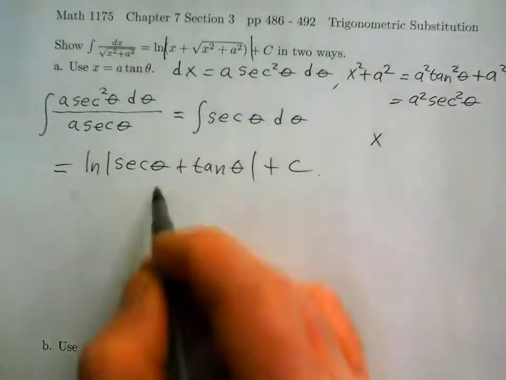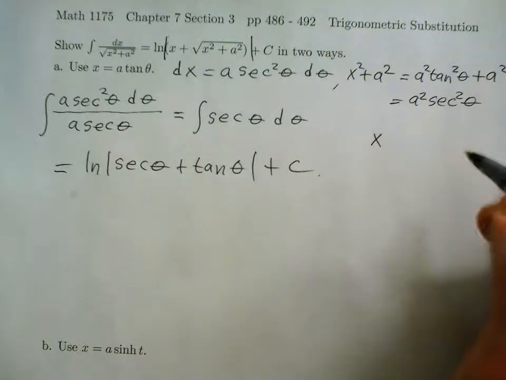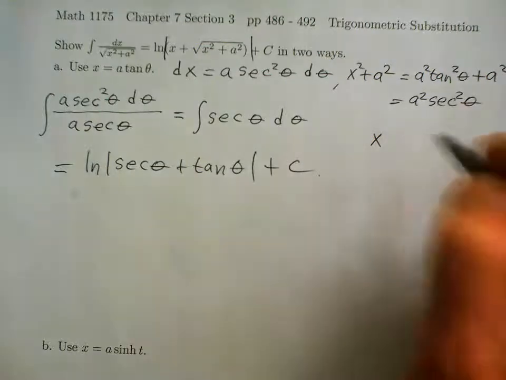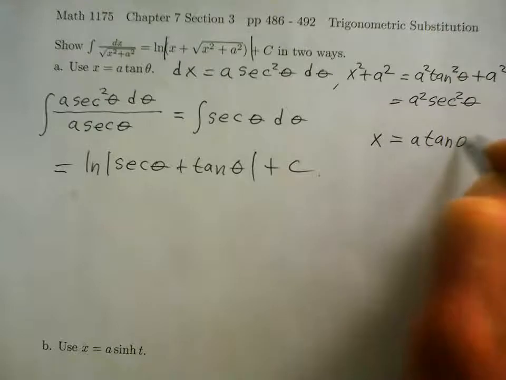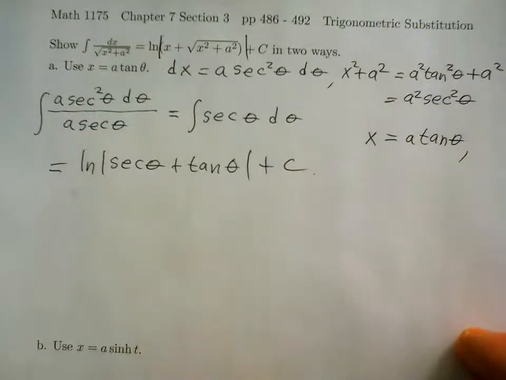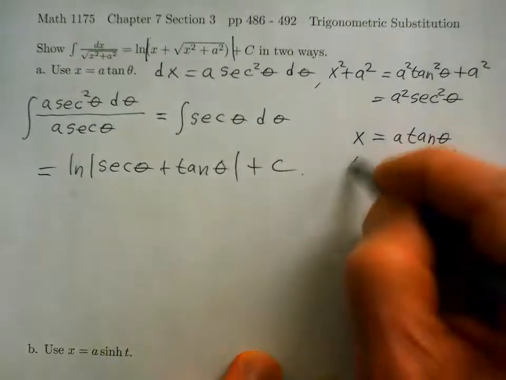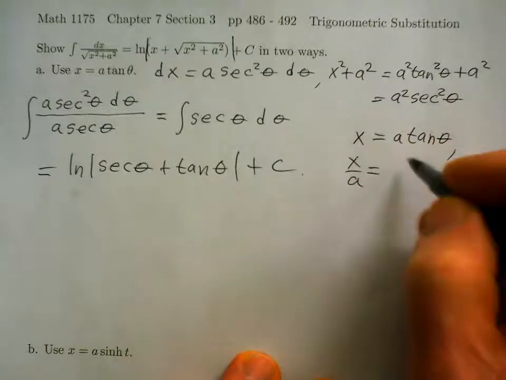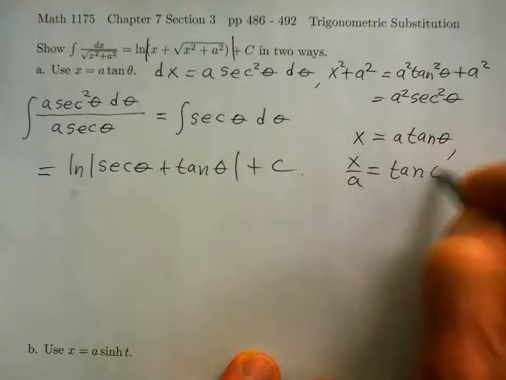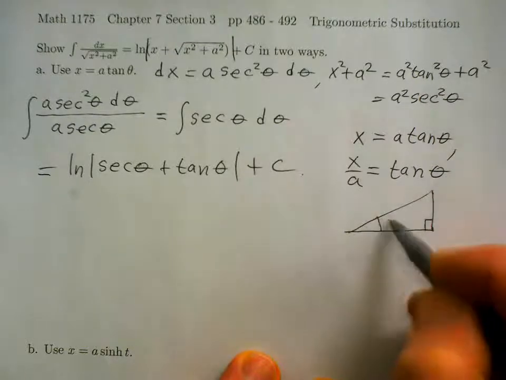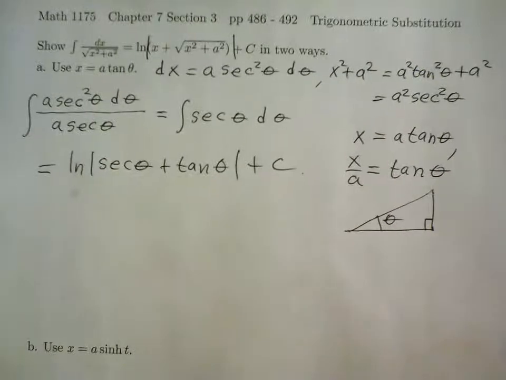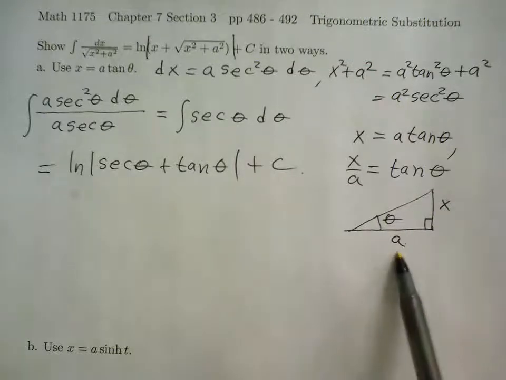Okay, but we have to express it in terms of x. So our assignment, x equals a times tangent of theta. So that means tangent of theta is x over a. So we'll use right triangle trigonometry to help us out again. If tangent of theta is x over a, then in this right triangle, the opposite side of theta is x and the adjacent side is a.